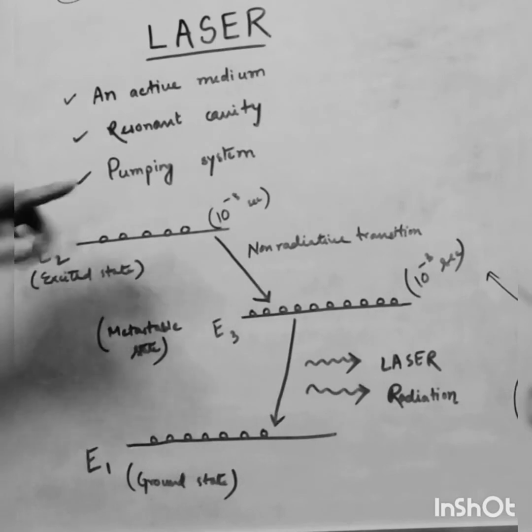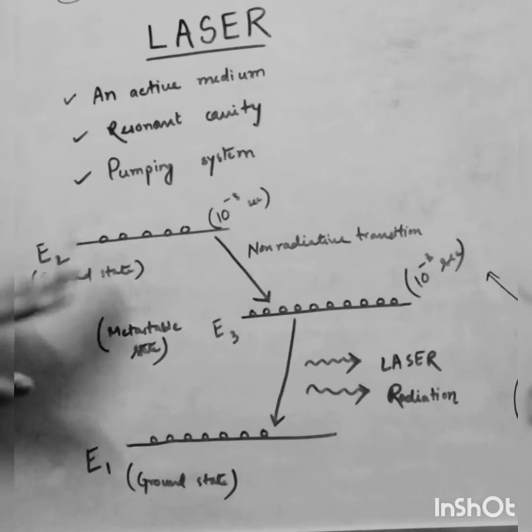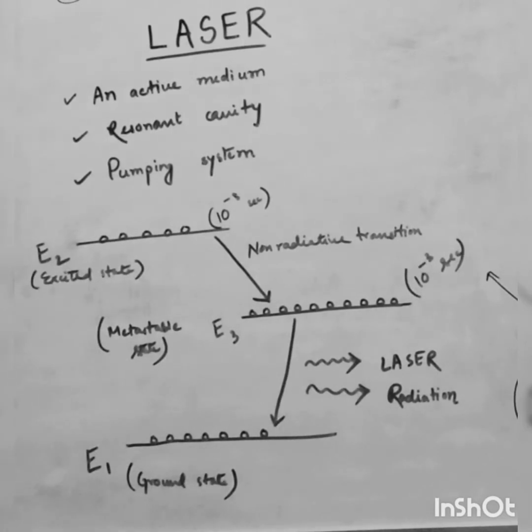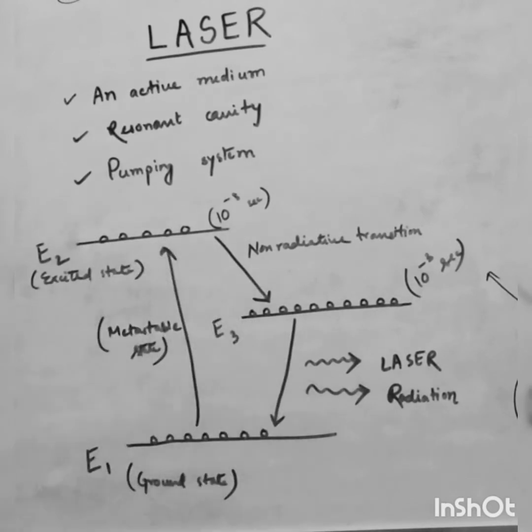It is their lifetime. Now, with a suitable pumping method, some energy is supplied to the active medium, and because of that the atoms make a transition from level 1 to level 2. You can also show it with an arrow. The atoms jump from level 1, E1, to E2.